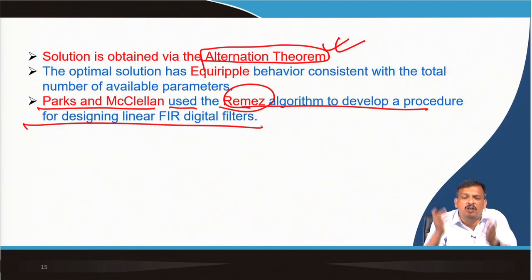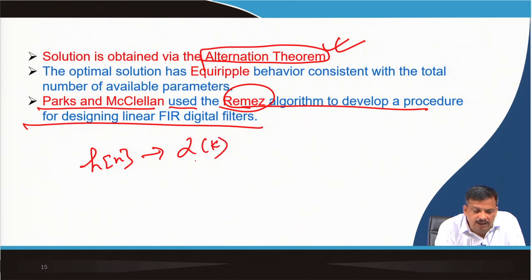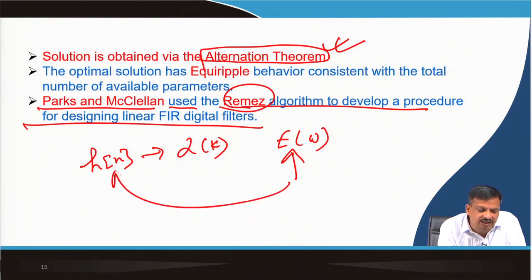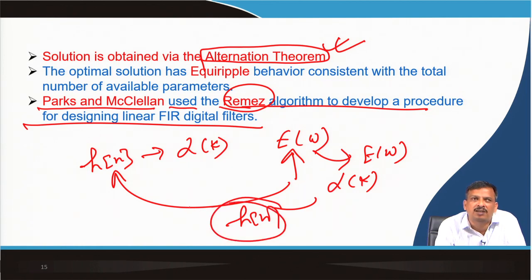So, what is the procedure? I design a set of h n, derive alpha k, find the error, then minimize this error by changing h n. Once I say the error E omega is optimum, that set of alpha k for that set of h n is my desired impulse response of the filter. That approximation is done using an algorithm, which is the Remez algorithm.